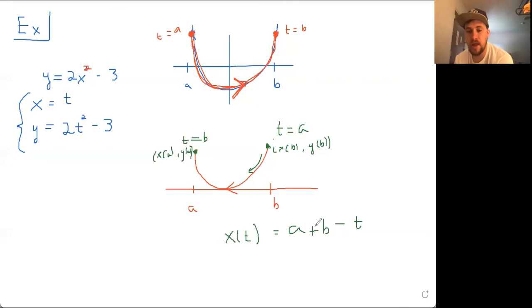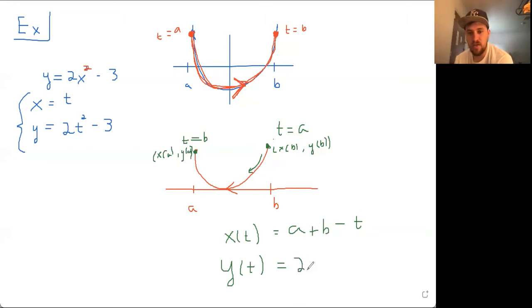So if we plug in a, we'll get a minus a, which cancels. So we just have x of t equals b, right? And then for y of t, it's just our function, but now we plug in a plus b minus t.